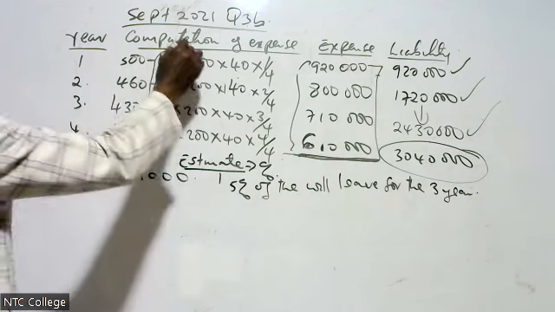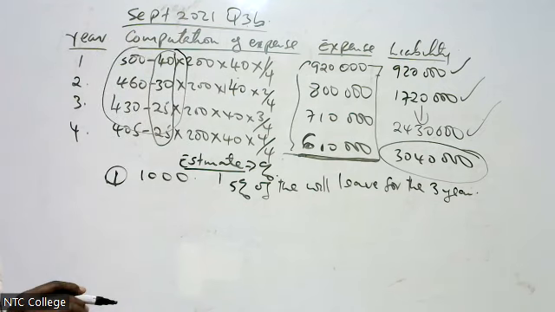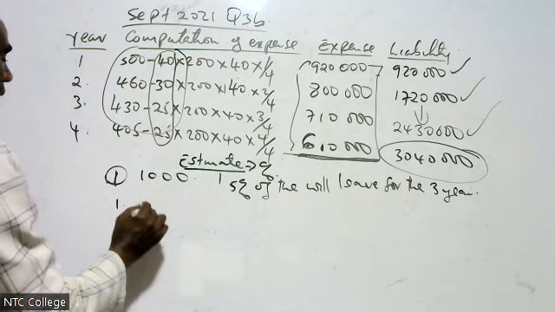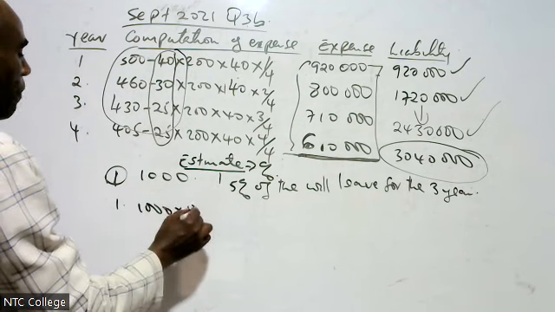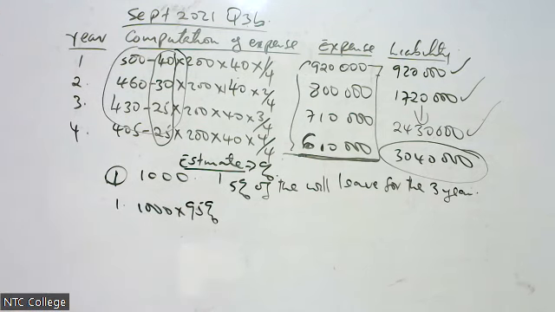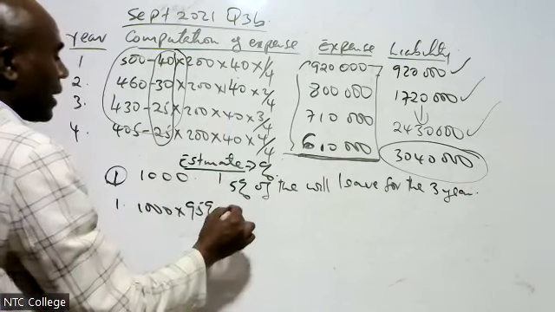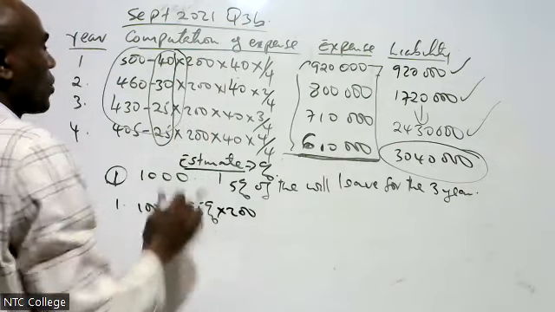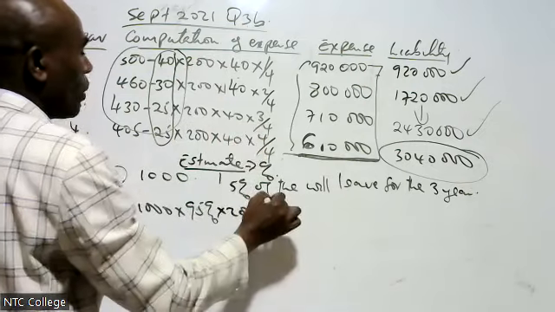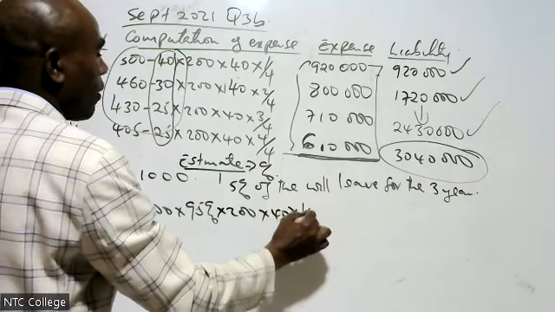Then how am I going to incorporate it here? We estimate that 5% left. In year 1, I will take 1,000 times 95%, because I estimate that 5% left, times the options, maybe 200, times the fair value, which is 40, times 1/3.